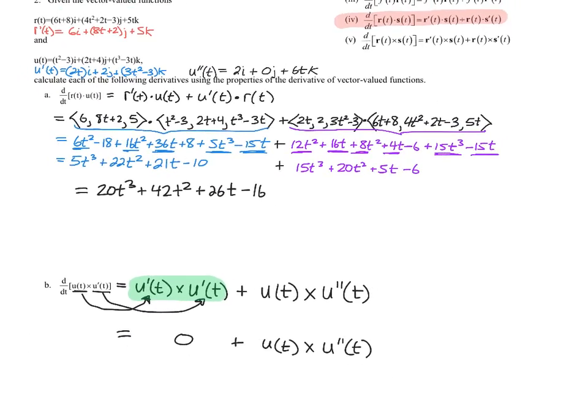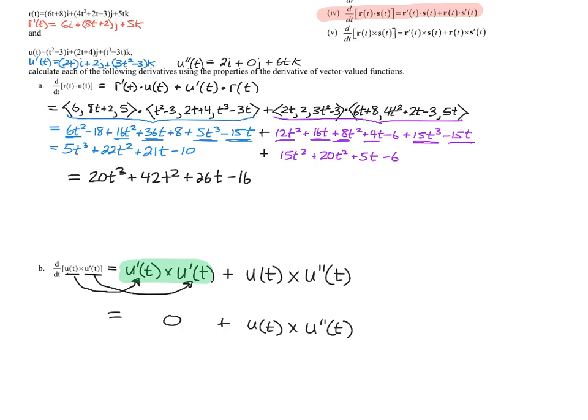So when I use my ijk notation, I'm crossing u of t against u double prime of t: i, j, k. I should give it a little more space because it's still an expression.